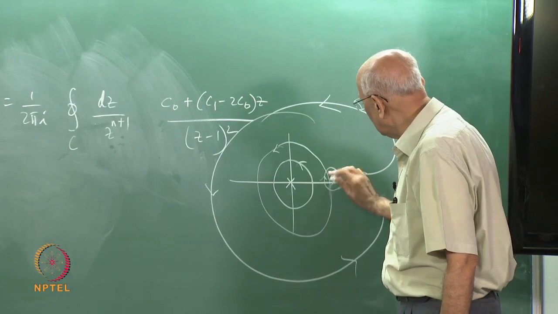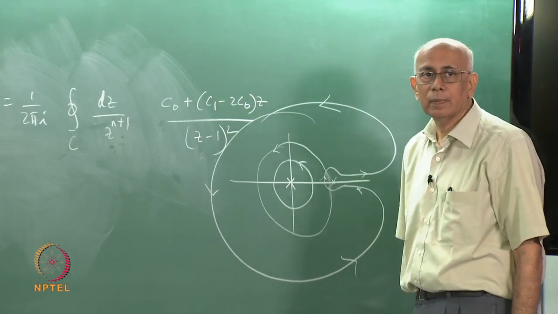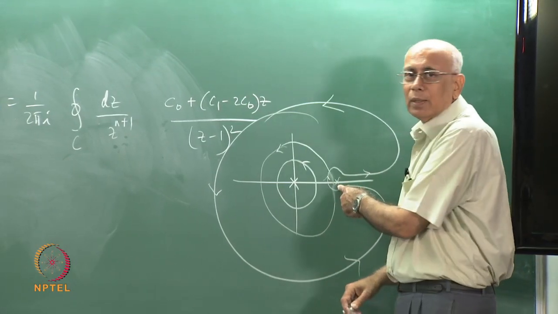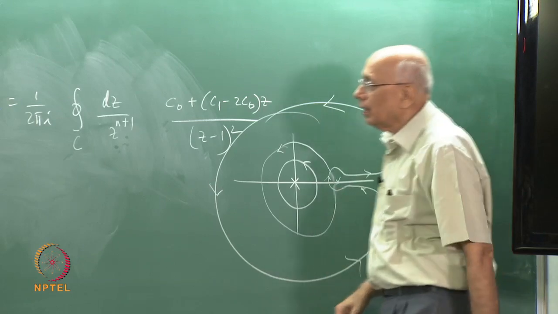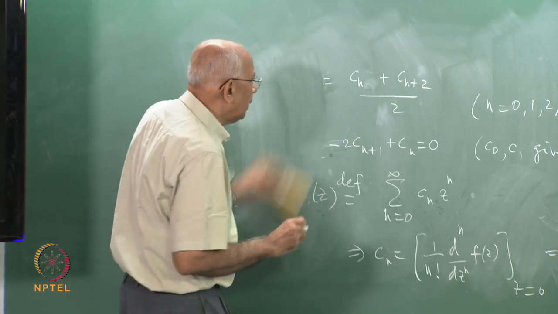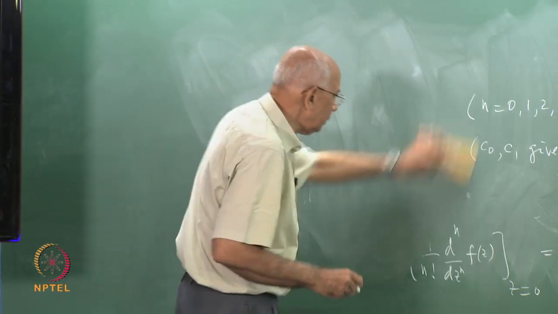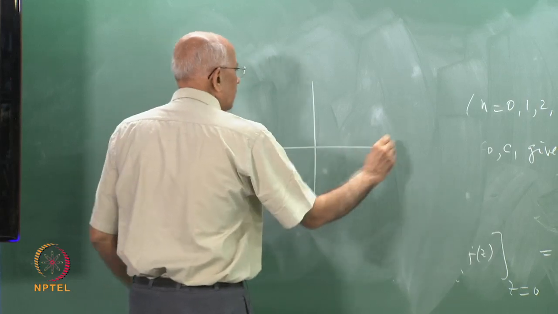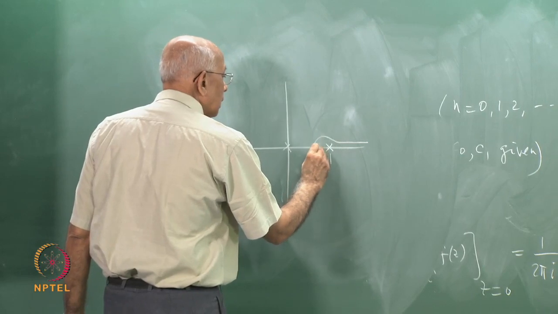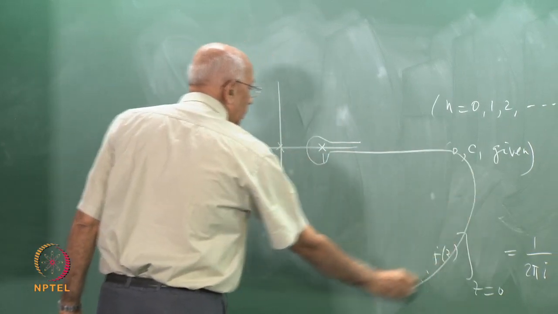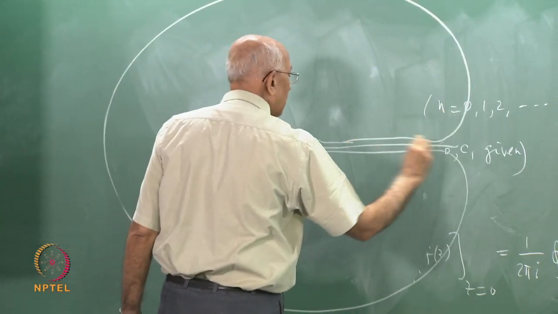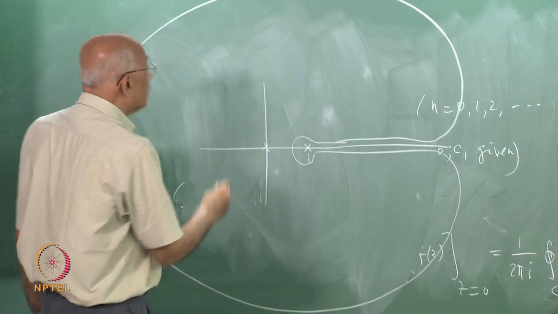It is still equal to this, and I keep bloating it up, always paying attention to the fact that I can't cross this singularity, till eventually I am guaranteed that the integral is precisely the same. Here is 1, here is the singularity sitting here, as an integral which comes along, does this, goes all the way up arbitrarily far away and goes back and comes down once again, and all the while I keep track of the sense.